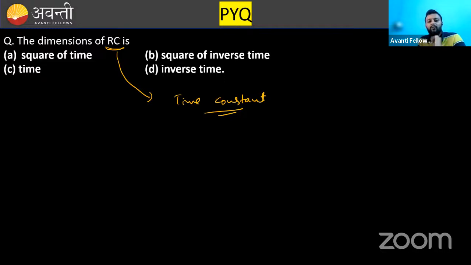RC is known as the time constant. It appears in the charging of a capacitor, the topic in which this term is used, and it is called the time constant. If it is time, then its unit will be of time. So remember this. This is a frequently asked question.